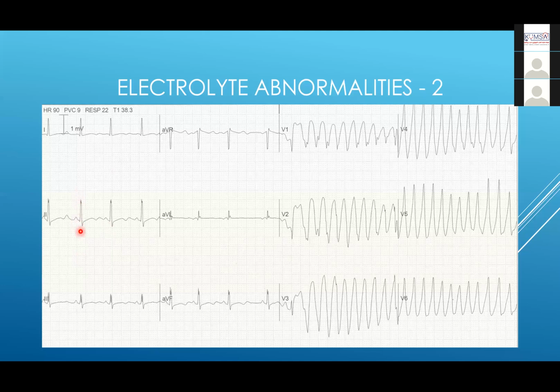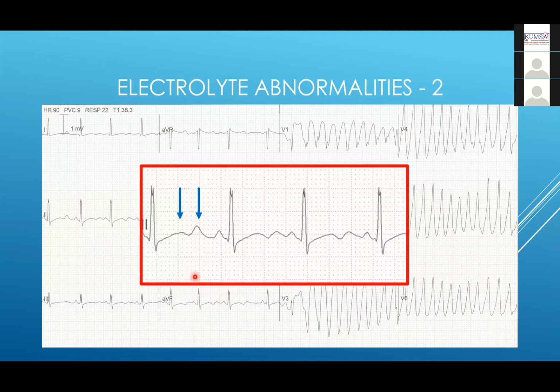There may be some ST depression, and there's a U wave as well. So that's P, QRS, T, U, and P.